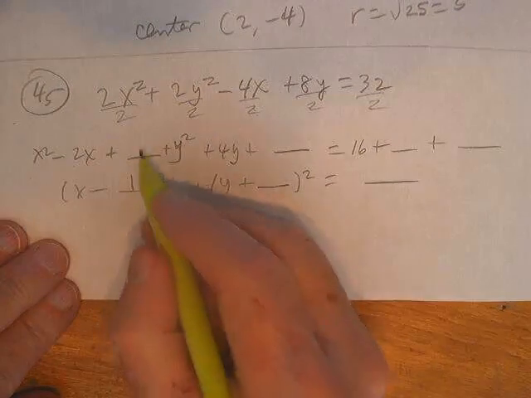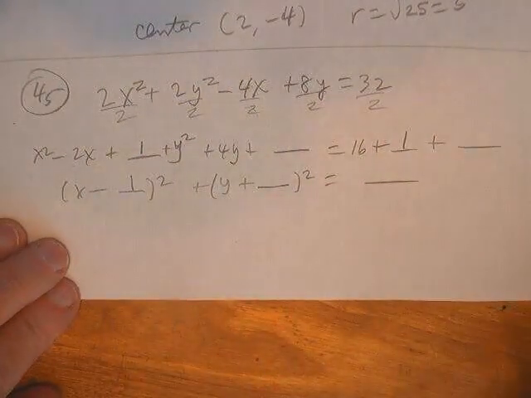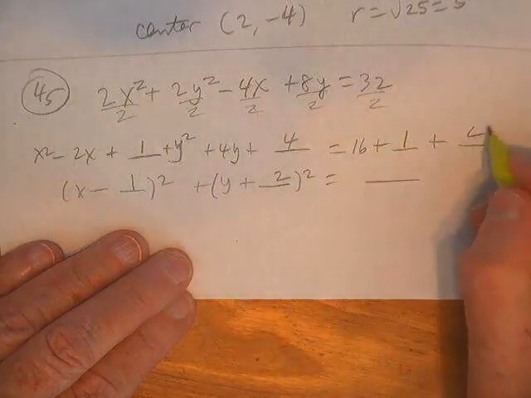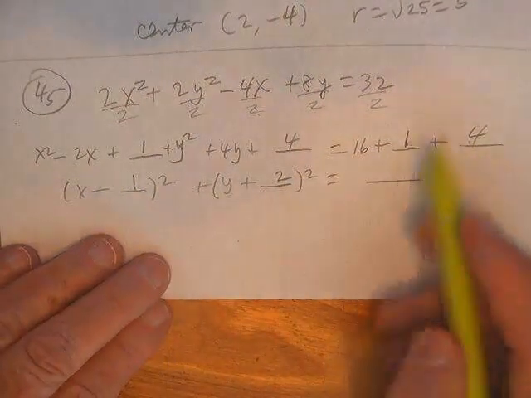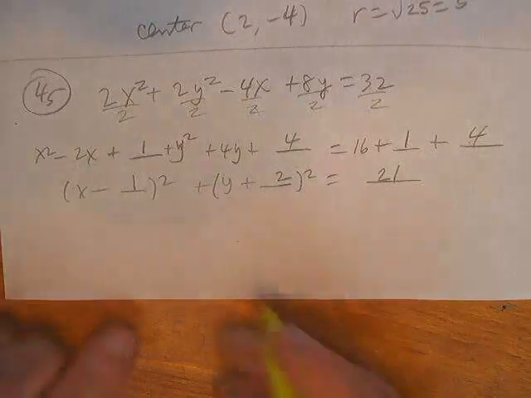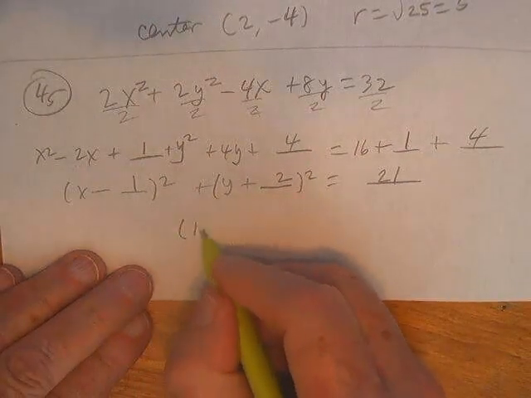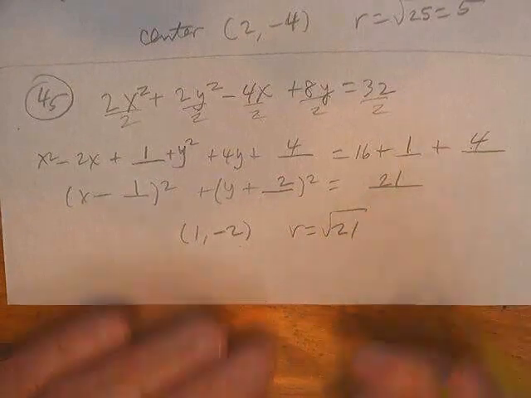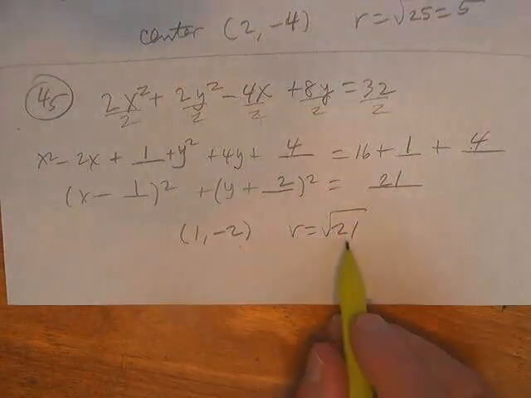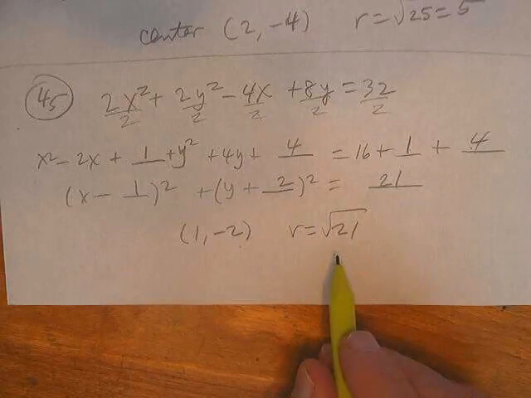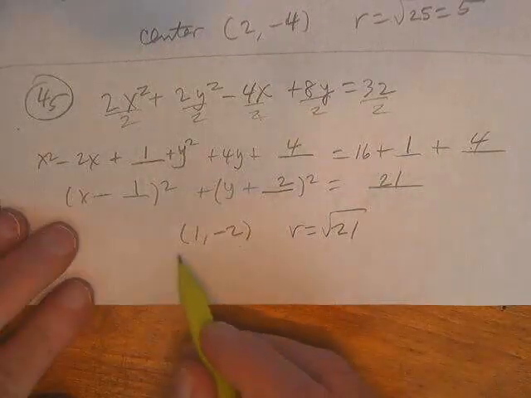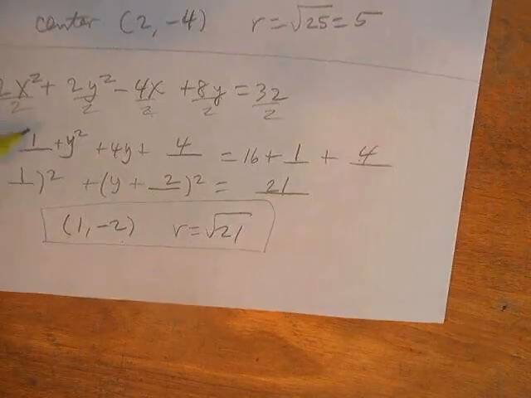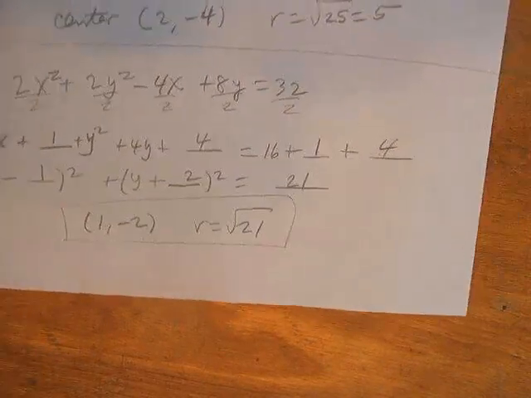Half of 2 is 1, 1 squared is 1, put 1 on both sides. Half of 4 is 2, 2 squared is 4, put 4 on both sides. 21. So the center is (1, negative 2), and the radius is the square root of 21. Well, that's 3 times 7, but neither one of those are perfect squares.